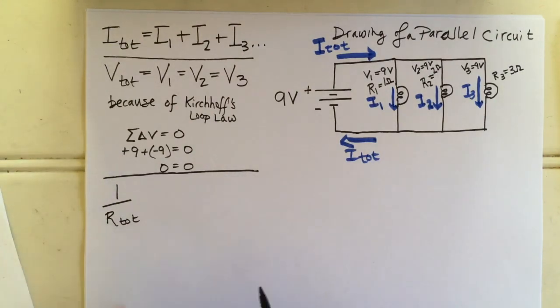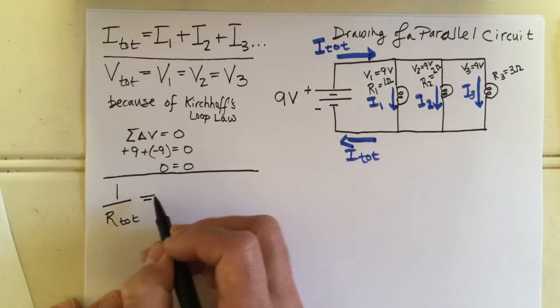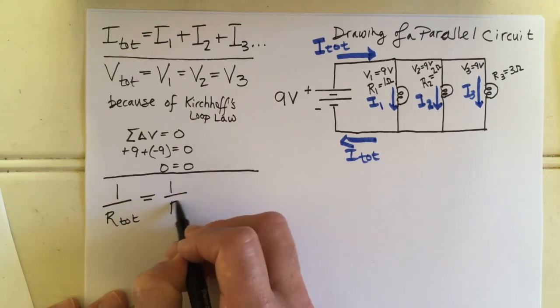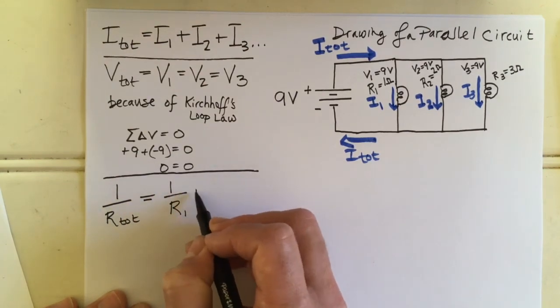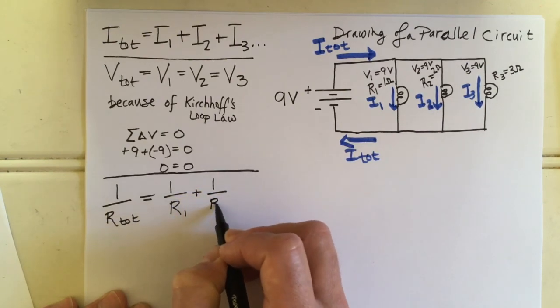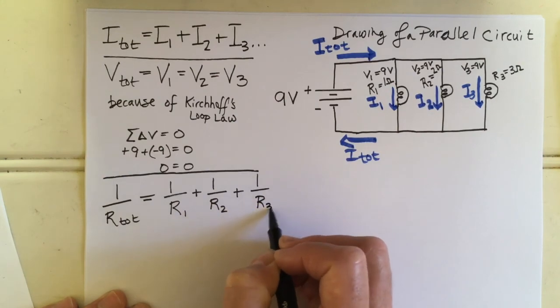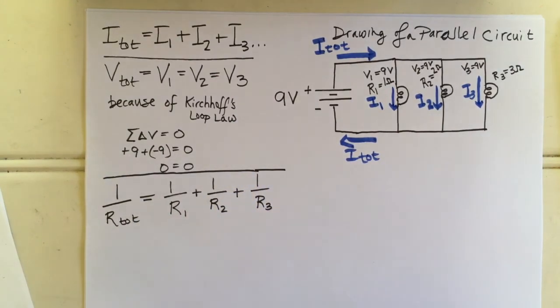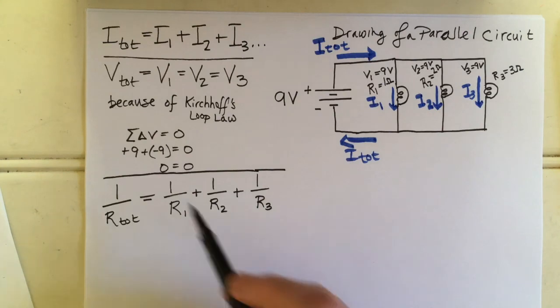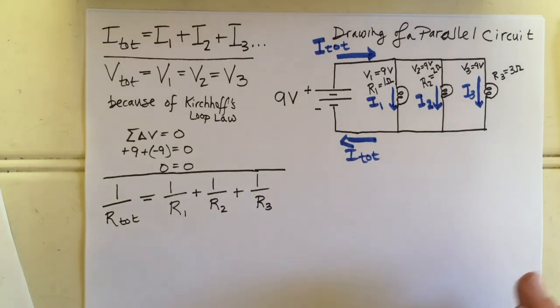It starts on the bottom of a fraction. So we say 1 over R total is equal to 1 over R1 plus 1 over R2 plus 1 over R3. Okay, so kind of a different formula, one you might not have seen before.